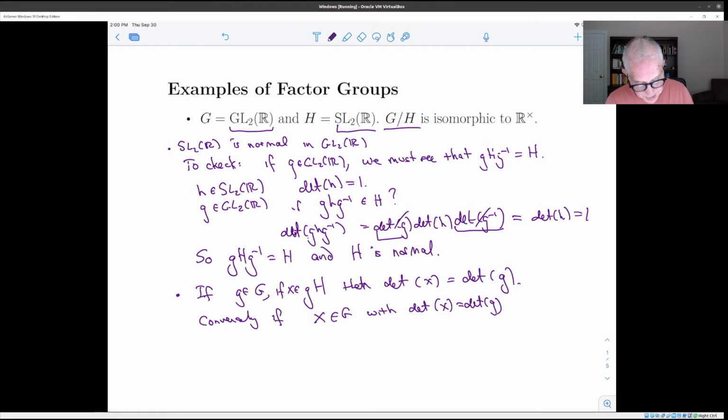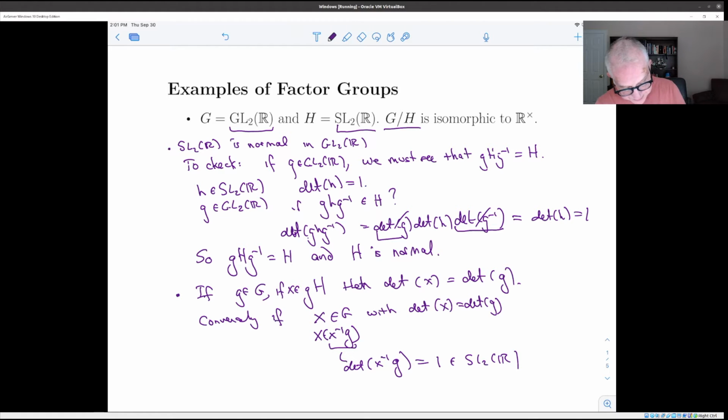Well, then if we look at x inverse g, then this tells us that x inverse g here is equal to 1, and so we have that it's in SL2R.